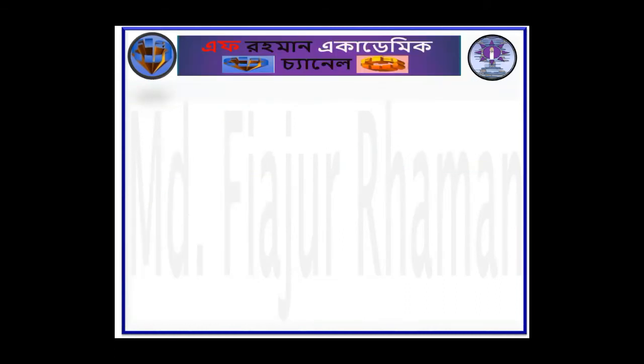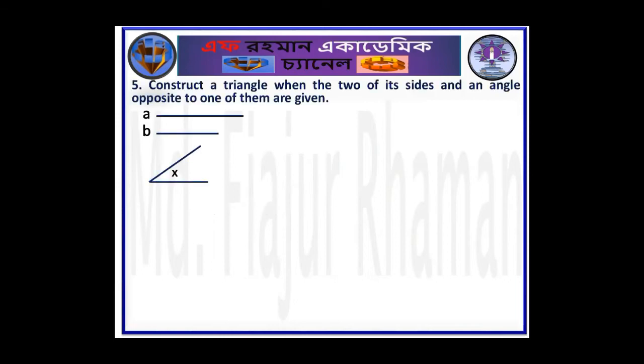Let us see the next construction. Construction 5. Construct a triangle when two of its sides and an angle opposite one of them are given. That's why we have drawn the two sides A and B and one angle X. With this, we have to write the particular enunciation.